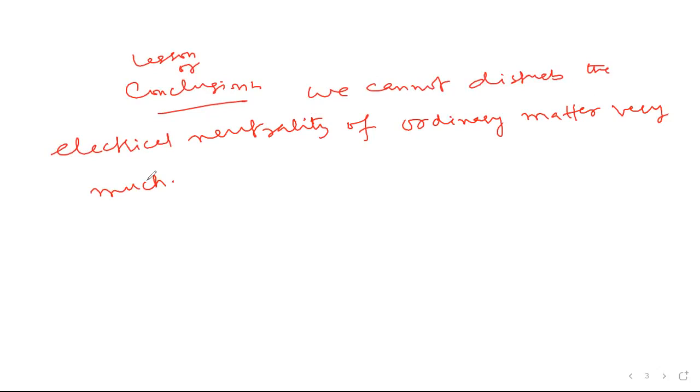If we try to pull out any sizable fraction of the charge contained in a body, a large Coulomb force appears automatically, tending to pull it back. I repeat, if we try to pull out any sizable fraction of the charge contained in a body, for example, if we try to pull out a positive charge, the negative charge in the body will exert attractive force on that and pull it back. So we cannot disturb electrical neutrality of ordinary matter very much.